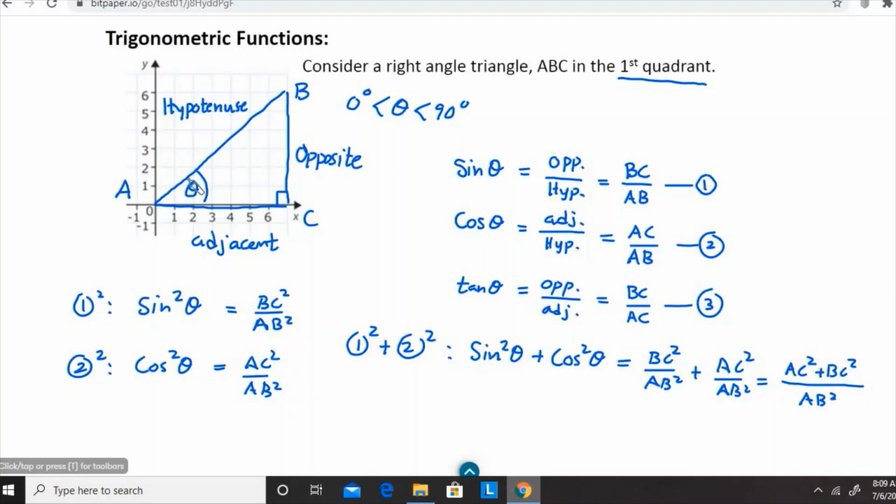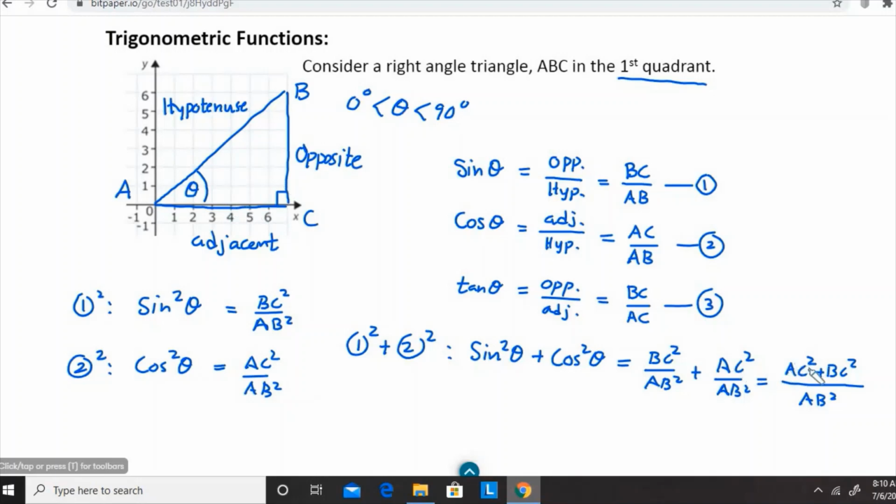Now, what is AC squared plus BC squared? If you look at this right angle triangle, AC is the adjacent side, BC is the opposite side. So the numerator is basically the square of the adjacent side plus the square of the opposite side. That gives you a way to apply the Pythagorean theorem to this right angle triangle.